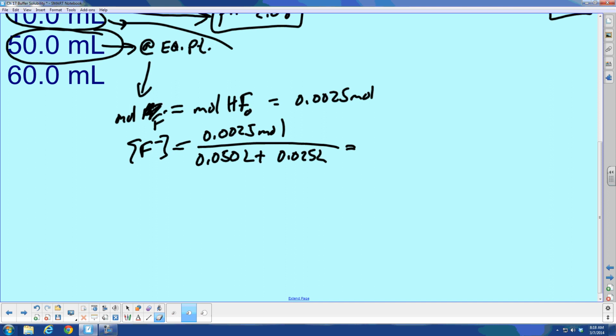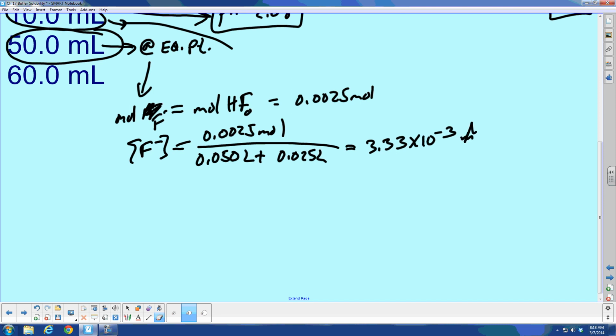Let's run the numbers. So I take my 0.0025 divided by quantity 0.05 plus 0.025, and it looks to me like I get 3.33 times 10 to the minus third.